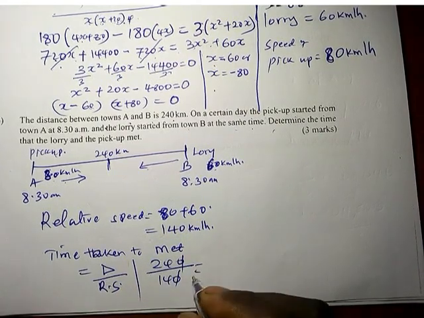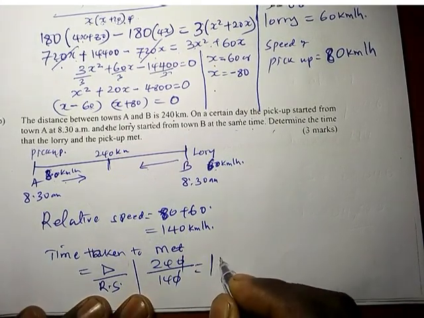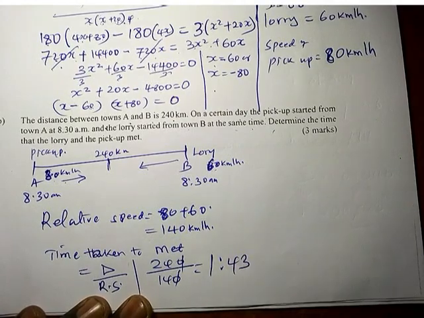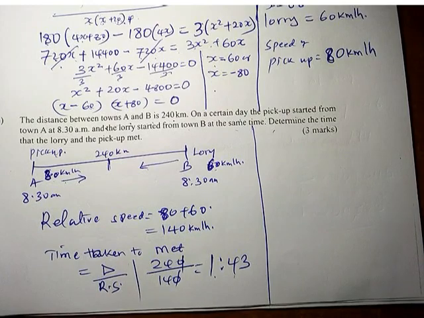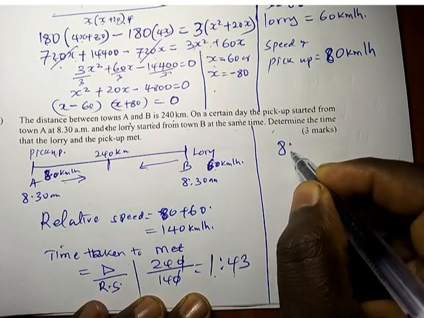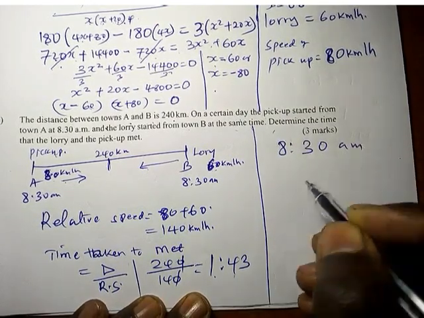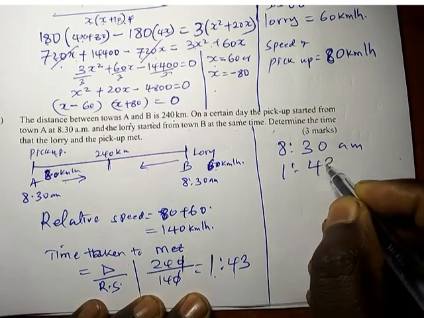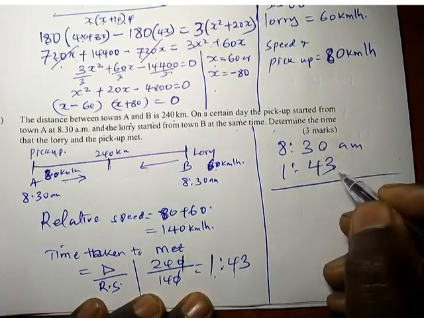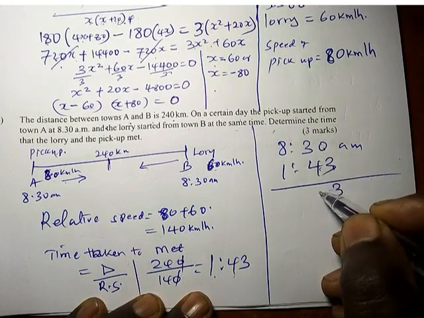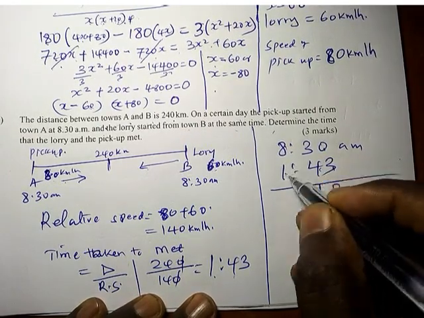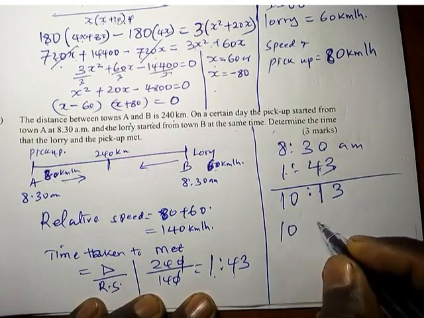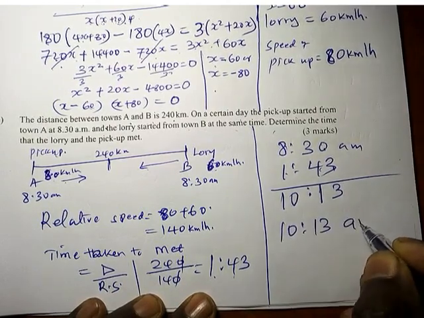And this one gives us 1 hour 43 minutes. So they started 8:30 a.m., so you add 1 hour 43 minutes. 0 plus this is 3. This is 7. So that's 1. This is 9, 10. So they met 10:13 a.m.